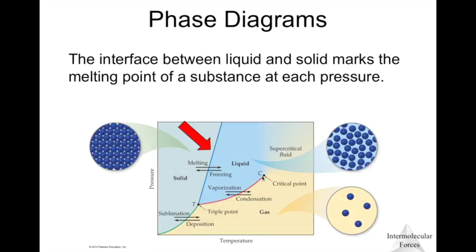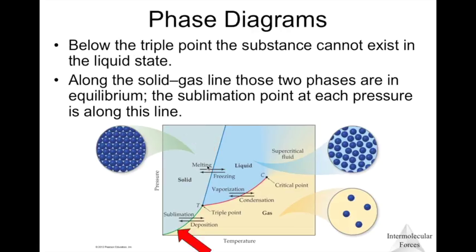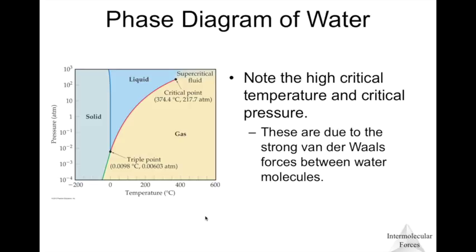The interface between the liquid and solid, this is the melting point. So anytime you're along this temperature at this given pressure, that's where you're starting to melt. And then the sublimation point is the point below the triple point where you can go directly from a solid to a gas. And then if you look specifically at water, you have a pretty high critical temperature.